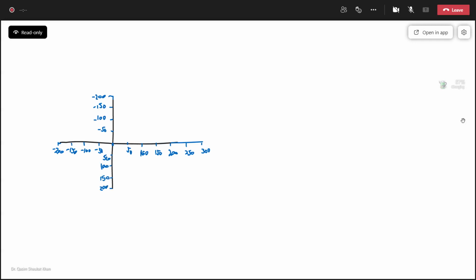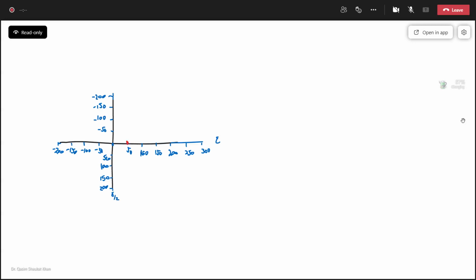So this is epsilon x. Epsilon x is gamma by 2. So first we have to locate the center point 50.